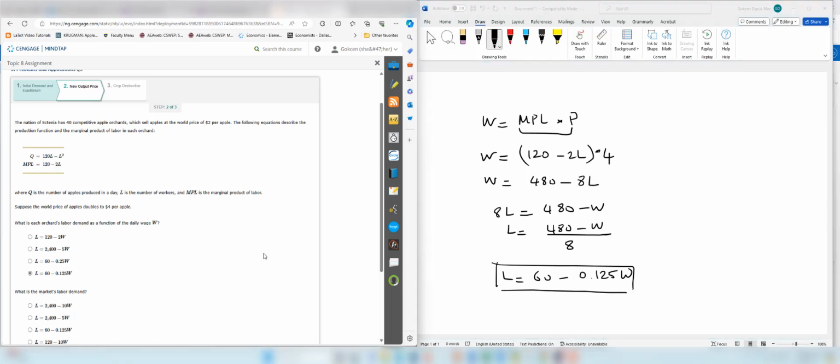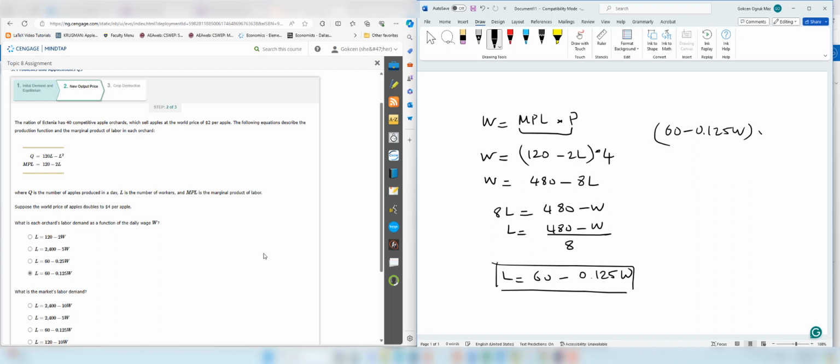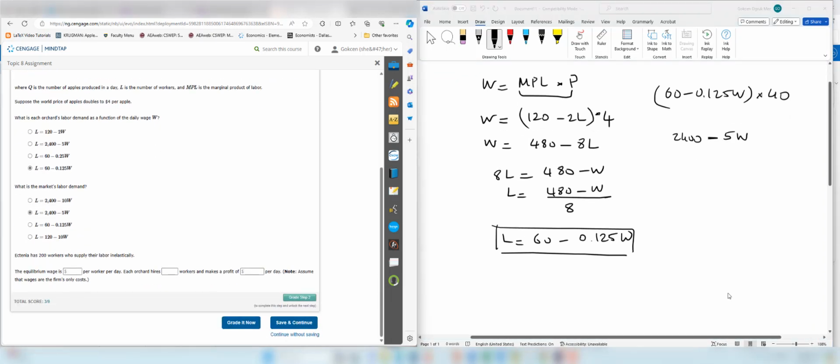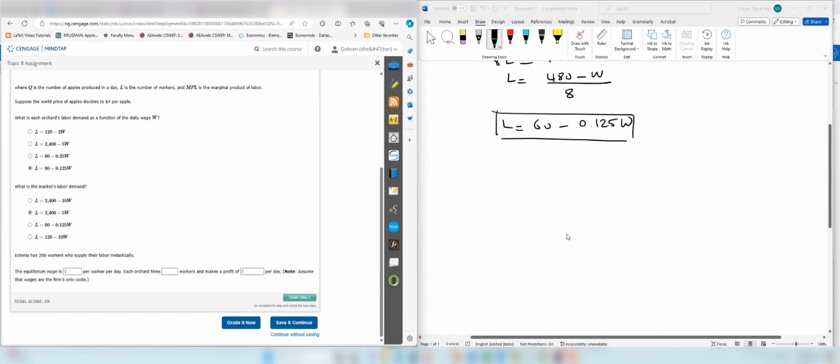We have 40 firms, so therefore the market demand is going to be (60 minus 0.125W) times 40, and that is equal to 2,400 minus 5W. And now we are going to find the equilibrium wage.